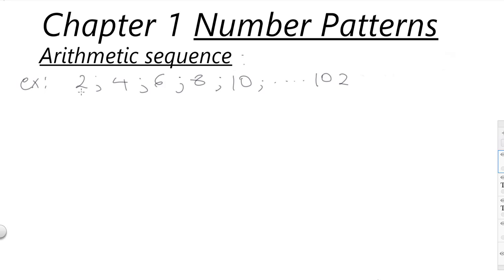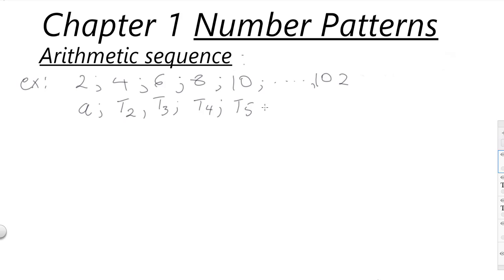So this is our first number and this is the last number. Now the first number we call the first term, represented by a. And the second term is represented by T2, and then we have T3, T4, and T5.